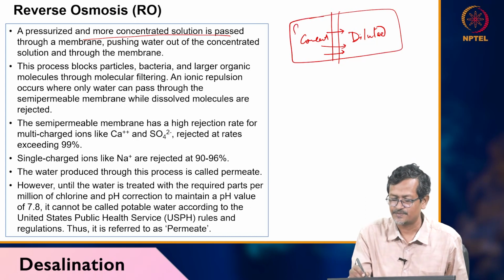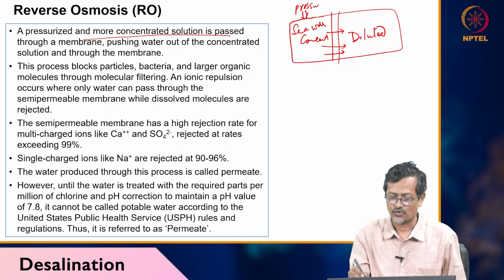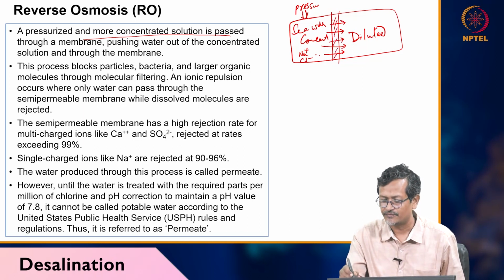Maybe this is seawater, and you create very high pressure. At high pressure, the salts, NaCl, all the salts will not move through this membrane, only water will be flowing through.